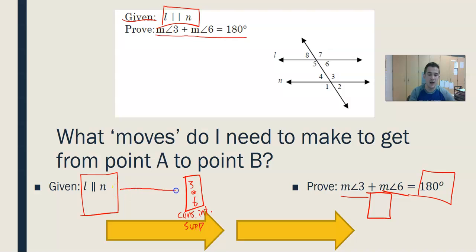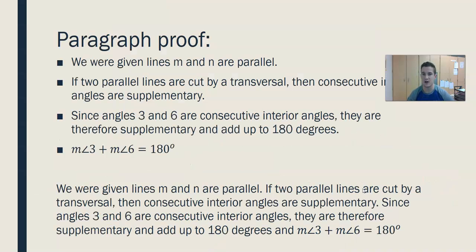Since I know L and N are parallel, then I know 3 and 6 are consecutive interior angles, and therefore they're supplementary. Therefore, 3 and 6 must add up to 180 degrees. And that's it. You just proved to me that that statement is actually true. The measure of angle 3 plus the measure of angle 6 is 180 degrees.